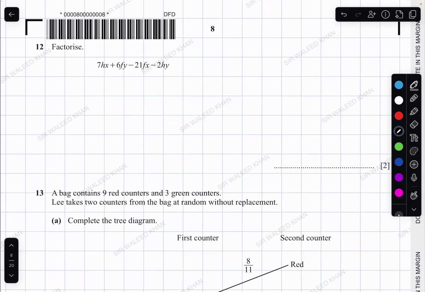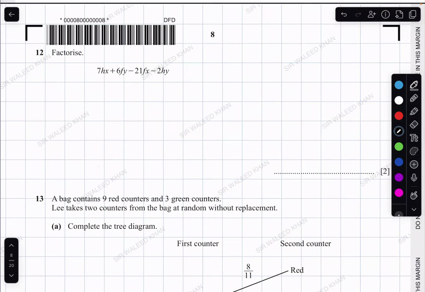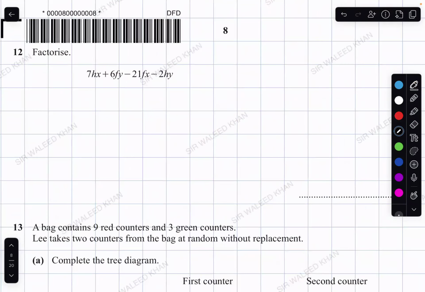Okay. Factorize this over here. So to factorize this, I have to figure out, let's group the like terms in terms of x. So we can see X over here, then Y over here, and Y over here. Now let's take X common, 7X.